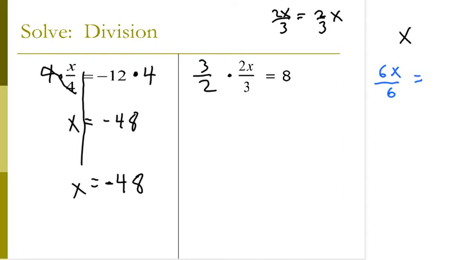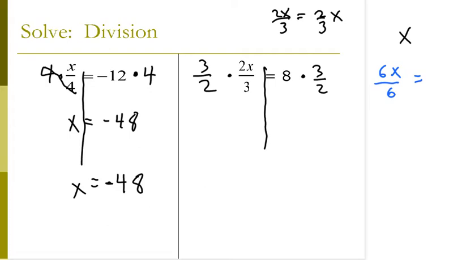Remember, we want to use our equality property to say that if we're multiplying by that factor on that side, we have to do the same on the other side as well. So let's just go ahead and draw a line to separate the two sides.